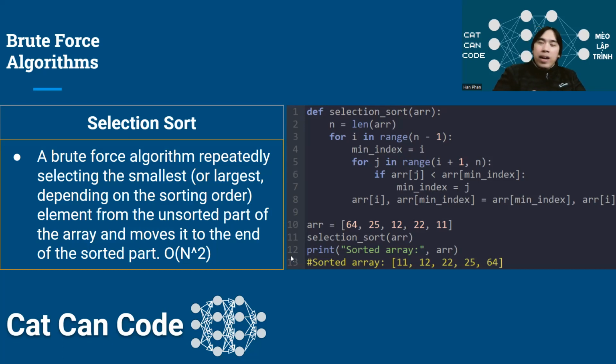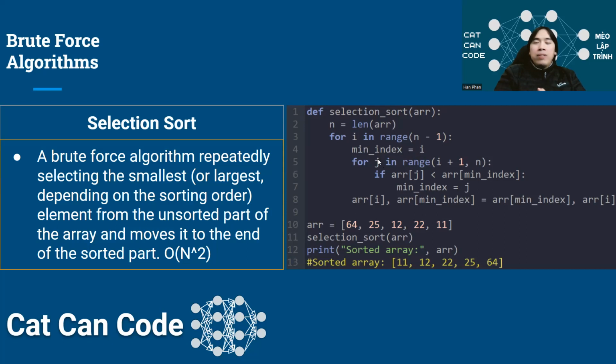Okay, if you look at my implementation of selection sort here, I'm taking in an input array and I want to sort it. If the length of the array is n, then I loop i from 0 to n-1 and assign the min index to i.